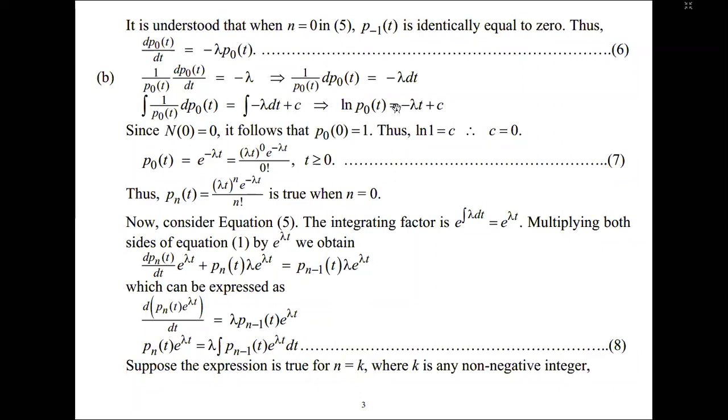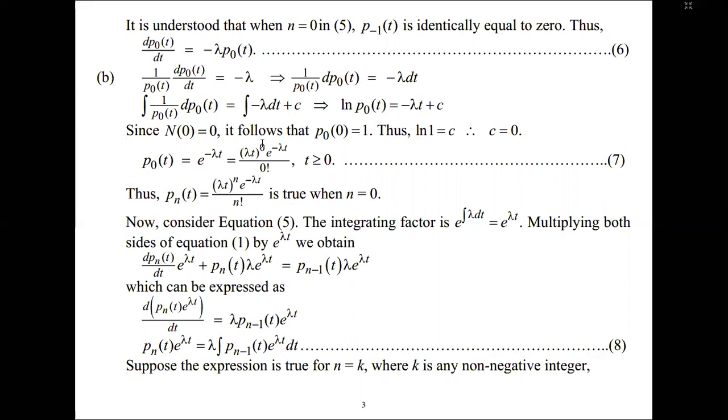When you take the exponent here, P of naught will be equal to e raised to the power negative lambda T. Have you seen it? Meanwhile, C is 0. This can be written in this form, so it means the equation is true when n is equal to 0.